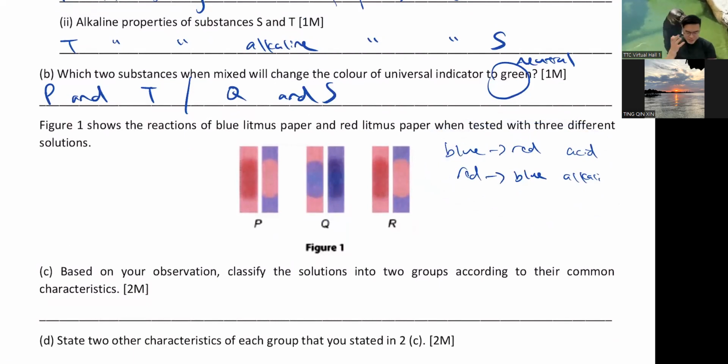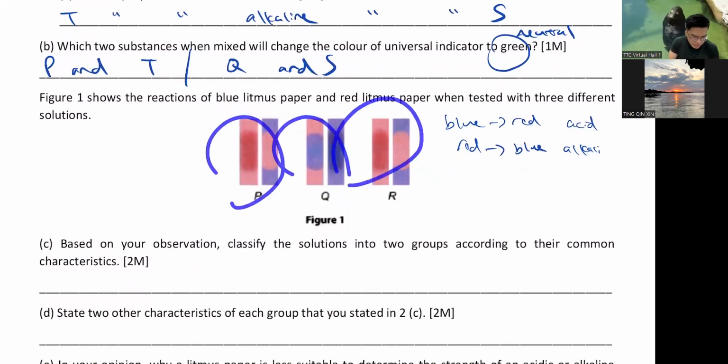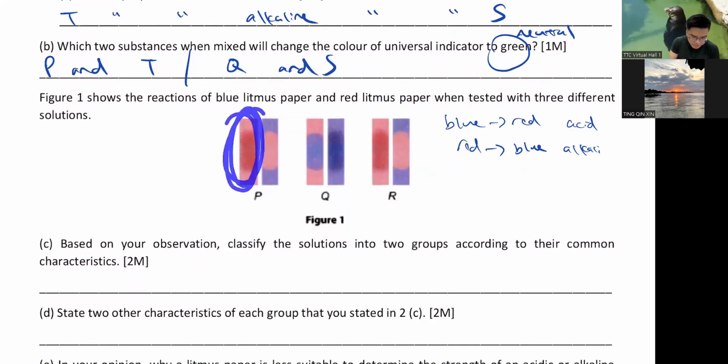Okay, so next, P. Let's look at PQR. There are three solutions. For P, red no change, and blue changes to red.